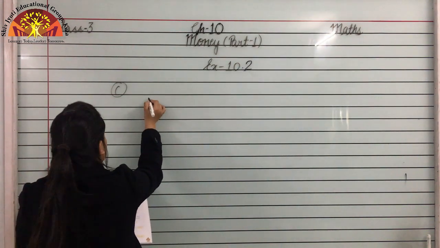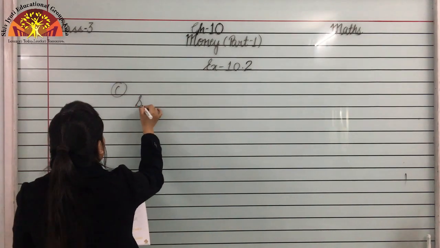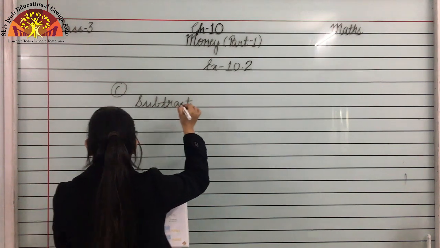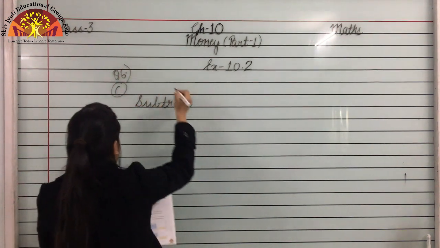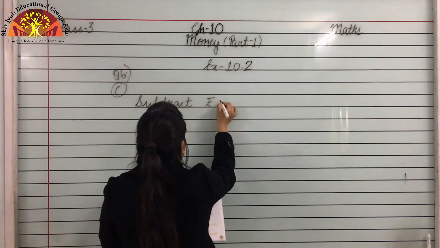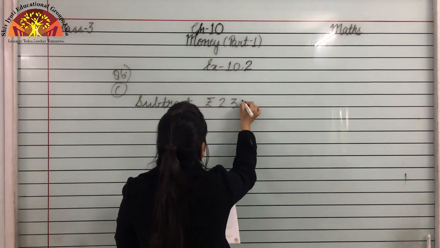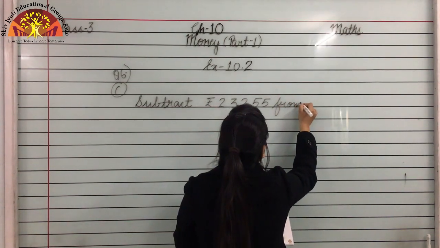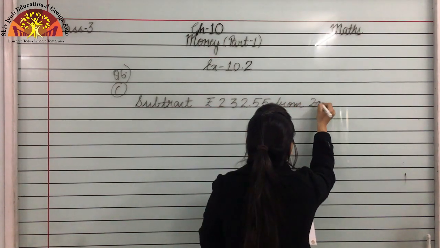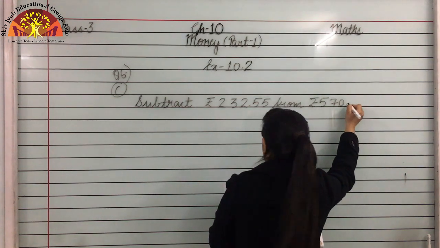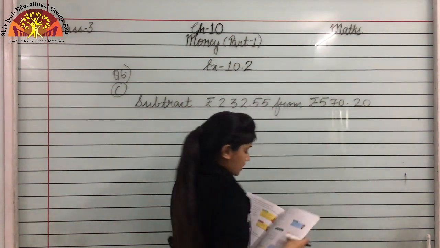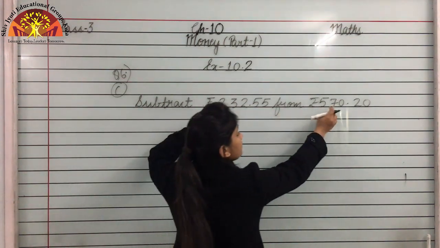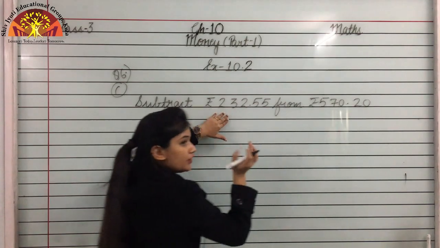So C part is subtract rupees 232.55 from rupees 570.20. Okay, so now students, we have to subtract this number from that number. It means this number will come first.